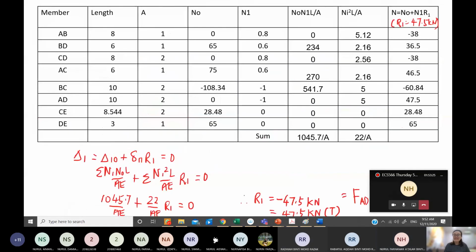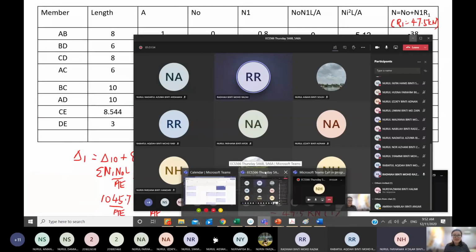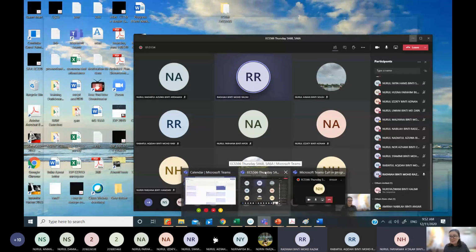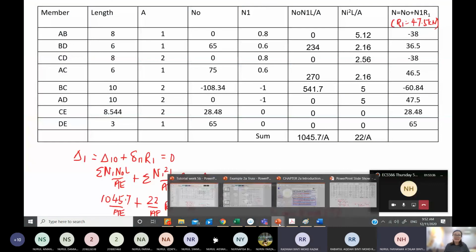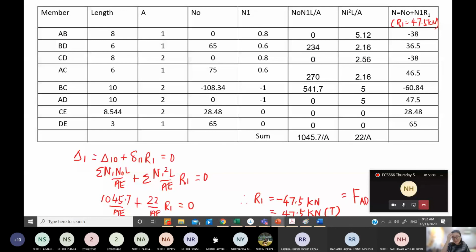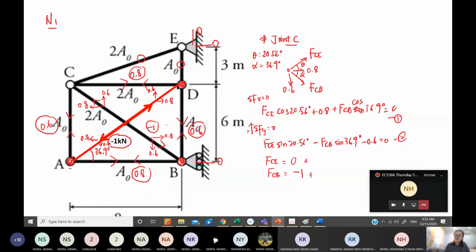Okay, Farhana, sepatutnya pada awalnya saya patut assume dia tension supaya you tak confused. Maksudnya jika tension you dapat positive value, tension lah dia.